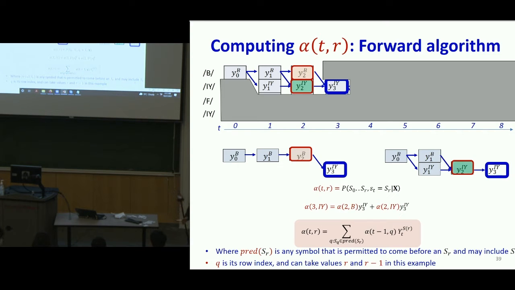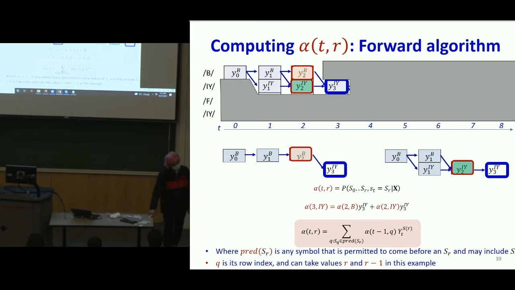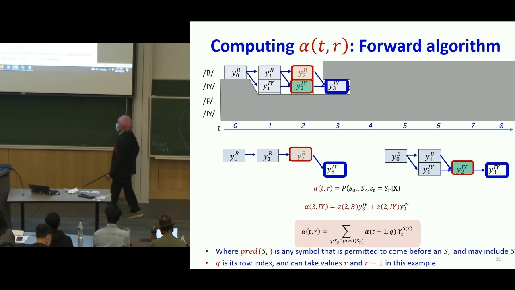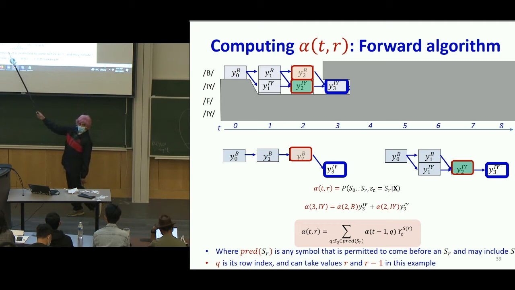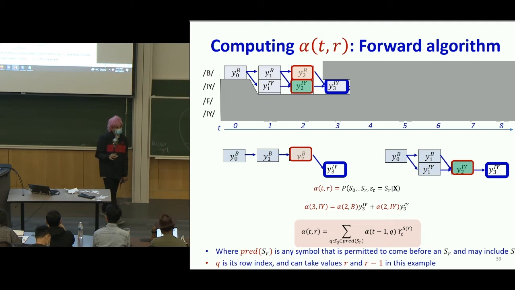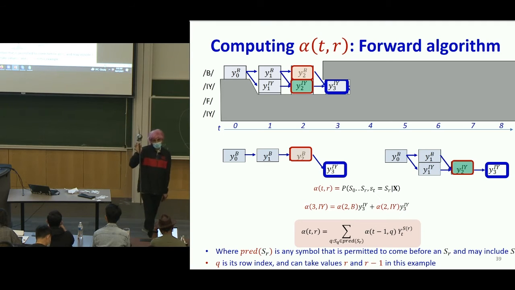Or more generally, if I have a whole bunch of these guys, then the total probability at any node for any t,r is going to be the sum over all of the parents of that node, all the predecessors of that node, of the product of the alpha for the parent times the current node probability. That making sense to everyone?